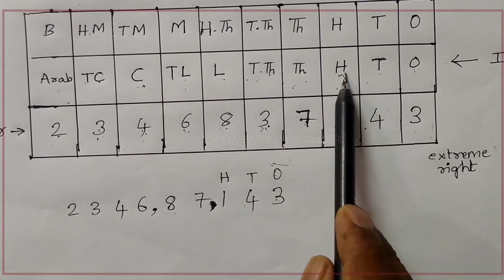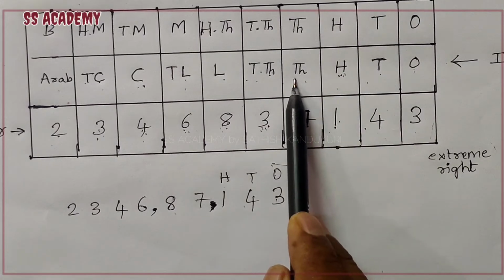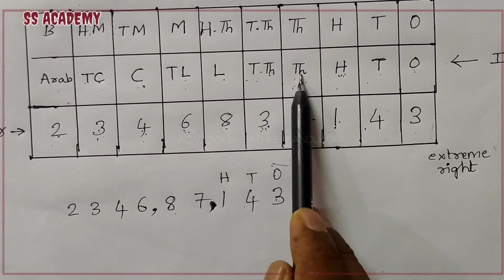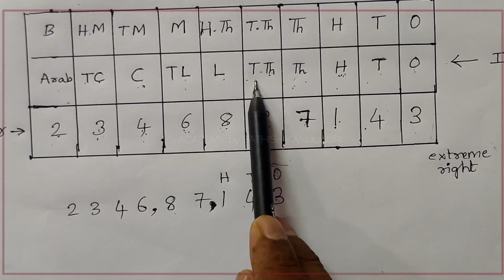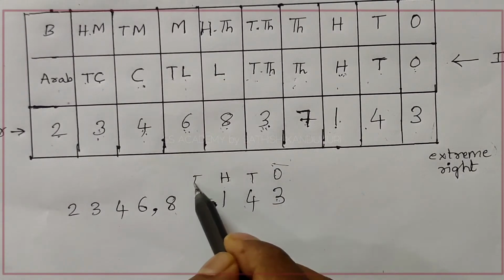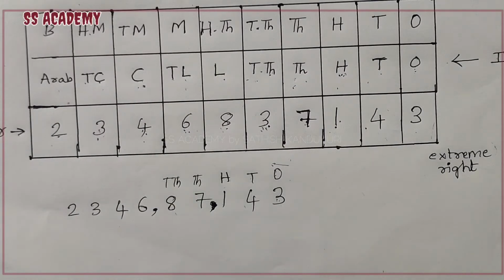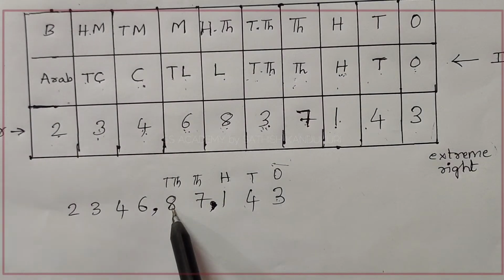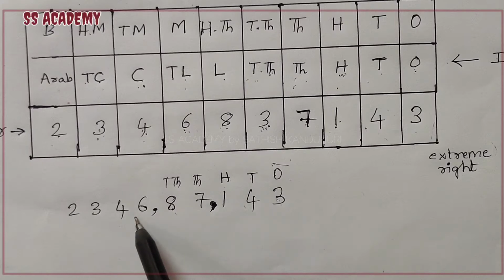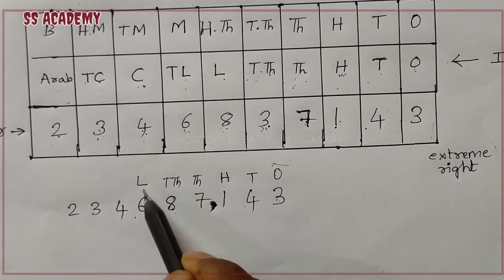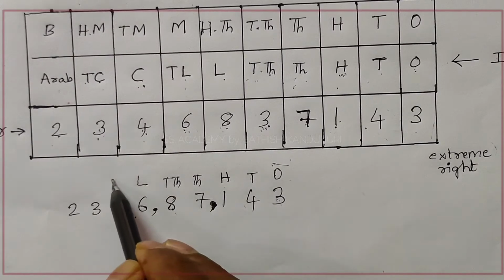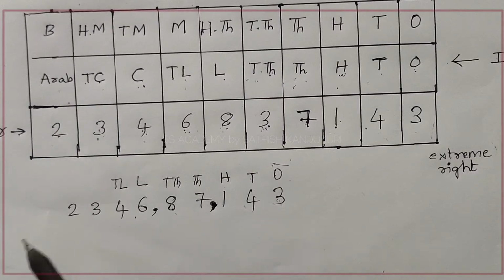After hundreds, thousands. After thousands we have 10,000s. After 10,000s comes lakhs. After lakhs, we get 10 lakhs.